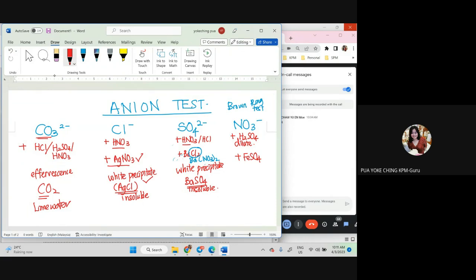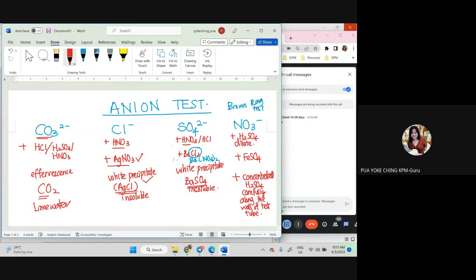H2SO4, FeSO4. SO4 je. Okay, dah tambah 2. And then tambah concentrated H2SO4. Carefully along the wall of test tube.